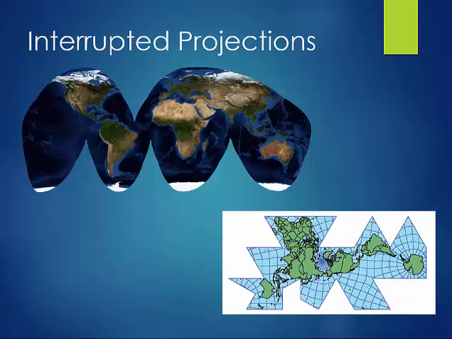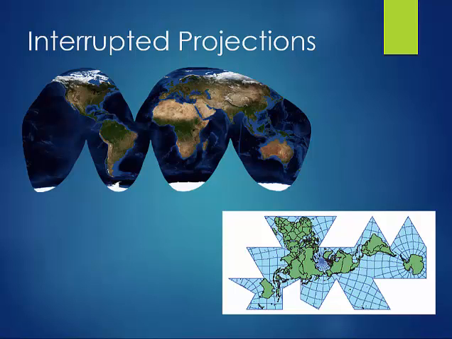There are many different types of interrupted projections. They tend to depict continents as accurately as possible by leaving a blank or empty space in less important areas such as oceans. So the ocean may be cut out of the map, but the land area will be more accurate. These types of projections are often called orange peel maps because they distinctly resemble that flattened orange peel we looked at earlier.